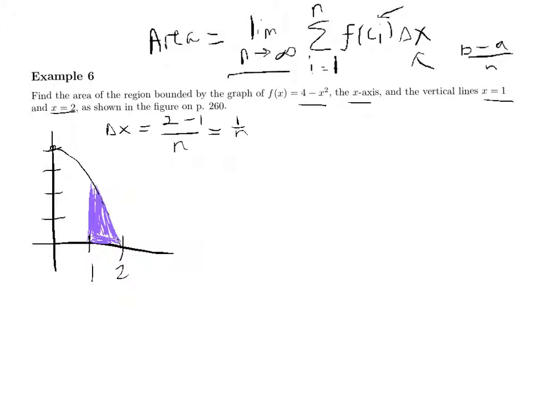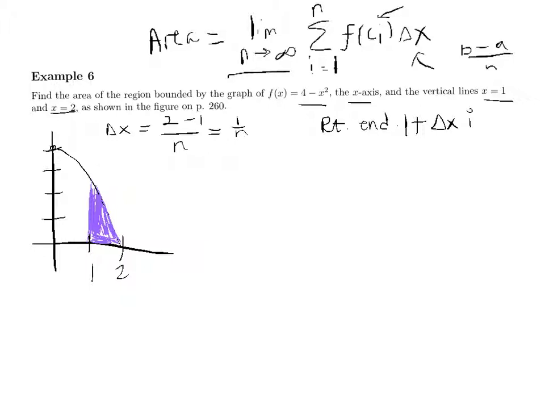Now we have to choose a point in each interval, and in general, the right endpoint is the easiest, right? In our previous examples, the right endpoint was always delta x times i. Okay, that's still true, except we need to note that we are not starting at 0. So when i is 1, instead of getting 1 over n, we need to get 1 plus 1 over n.